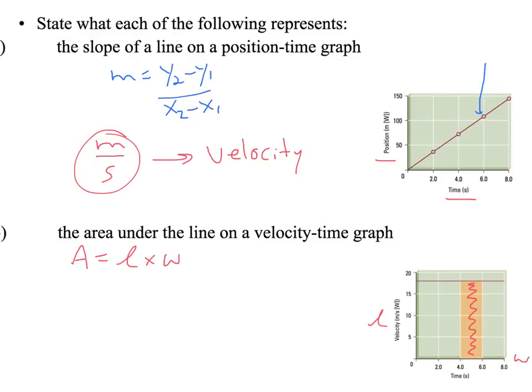Now length in this case is going to be represented by meters per second because it's velocity. The width is going to be represented by time, or in this case seconds. So when we do this, seconds cross off and you're left with meters. Therefore, the area under a line on a velocity time graph is going to represent your distance.